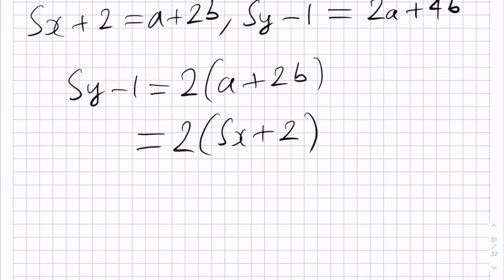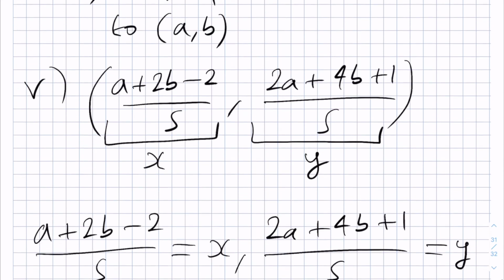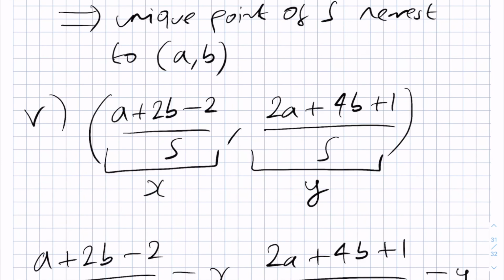If we rearrange this, it turns out, and I'll leave it as an exercise, that we get y equals 2x plus 1. The entire line is included in this set because we can vary a and b to be any point in the entire xy plane.